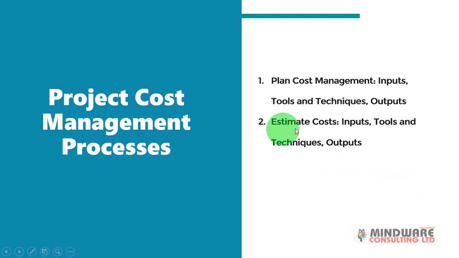And then the next process is estimate costs. How do we estimate the costs of an activity or a phase of a project? We're going to look at the inputs, tools and techniques, as well as the outputs.